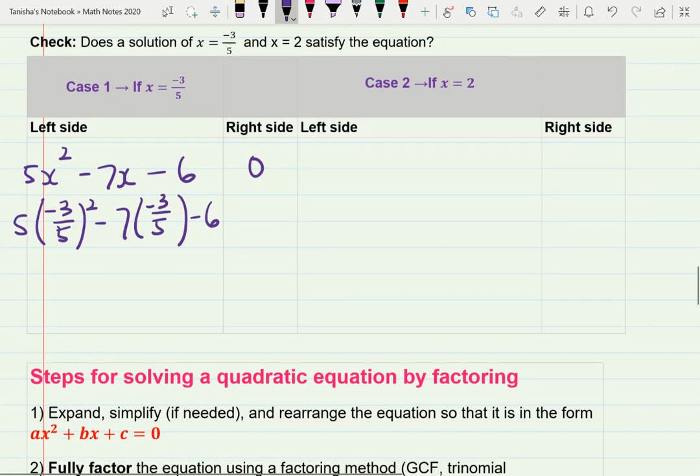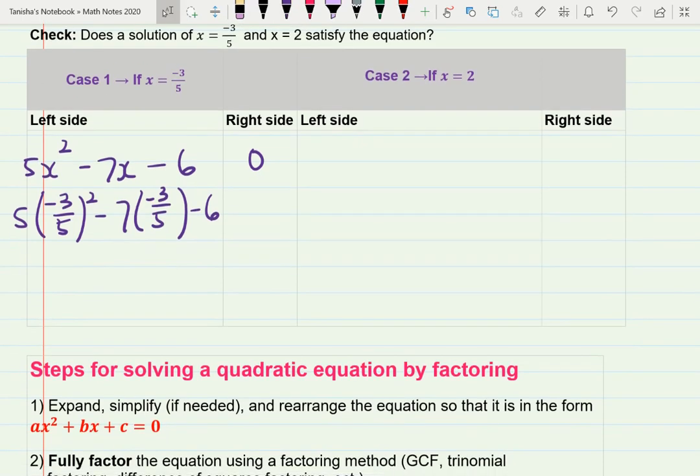And then we evaluate to see if it's going to equate to our right side. 5 times 9/25 plus 21/5 minus 6.